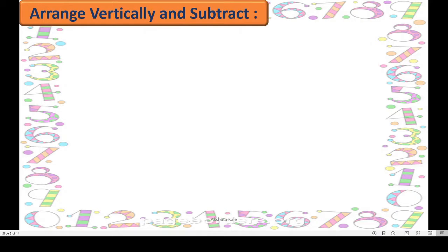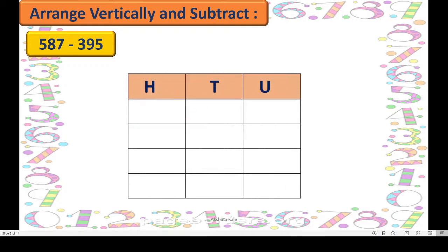Now arrange vertically and subtract. This is our today's portion. Here the numbers are 587 minus 395. These are given in horizontal arrangement, that is in sleeping mode. Now we will write them first in vertical arrangement. See this table, it shows the vertical arrangement, means standing position.